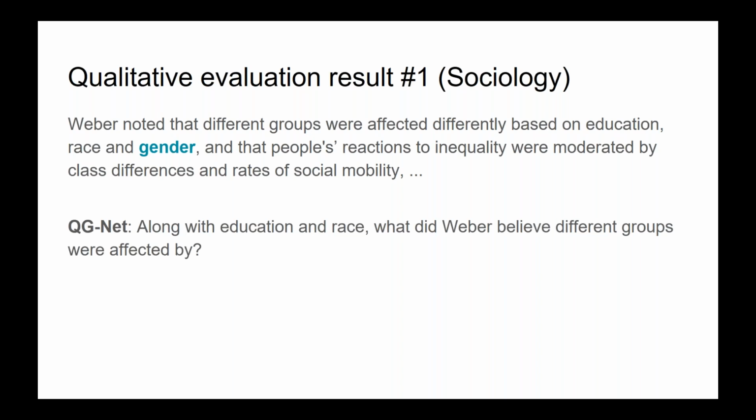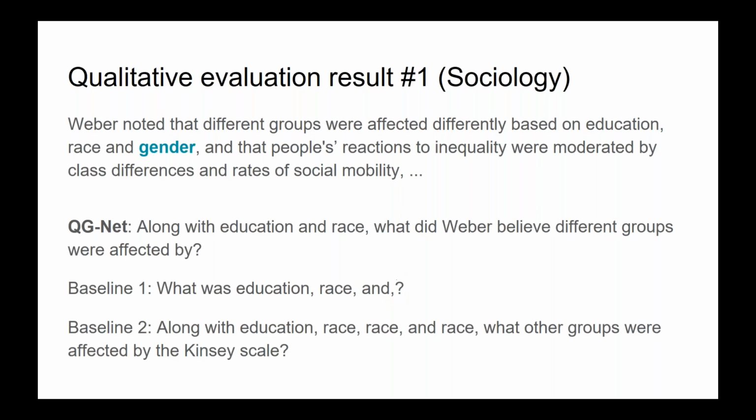This is a question that our network generates. I would say it's a reasonable question. It obviously satisfies the 2 criteria: it's fluent and it's relevant. You can say something about whether it's actually valuable or not, but at least it satisfies these 2 criteria. This is the question output by one of the baselines. You'll notice that it's not very grammatical at the end of the sentence.